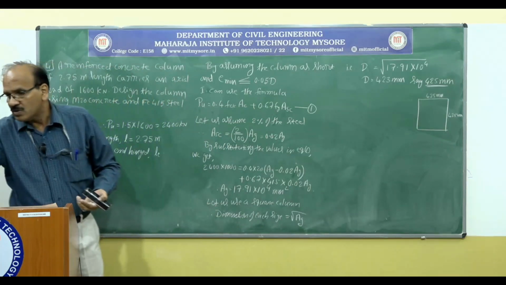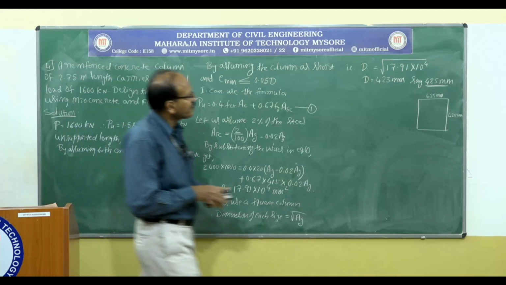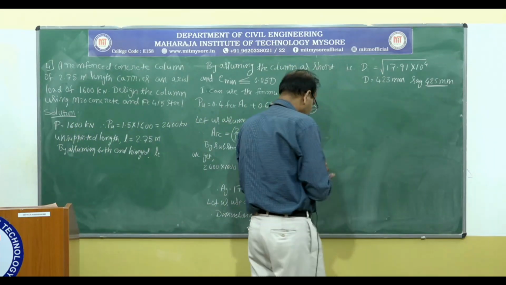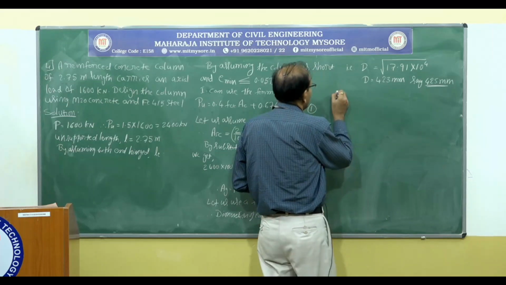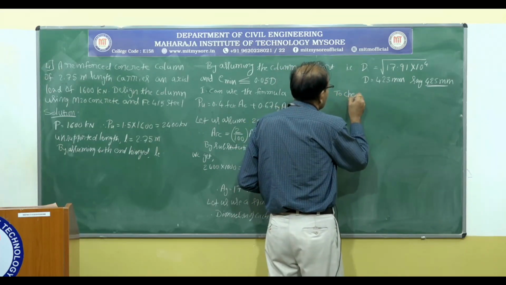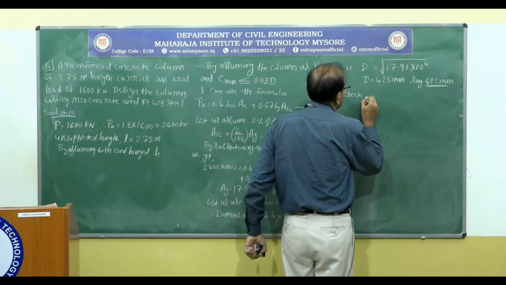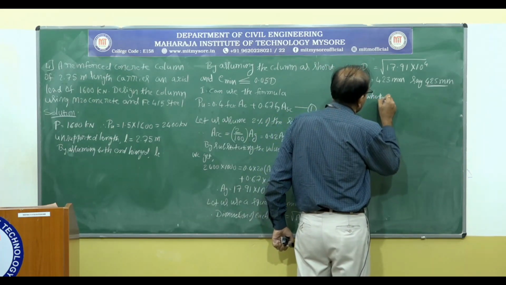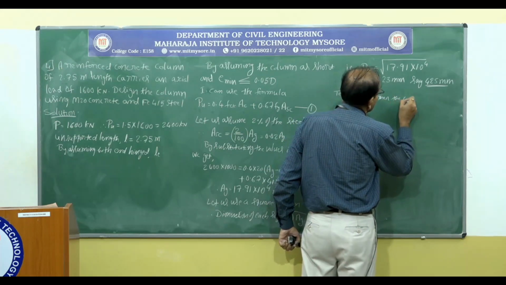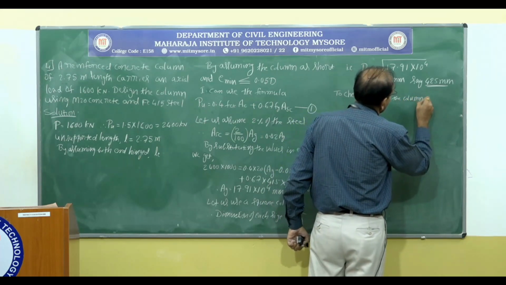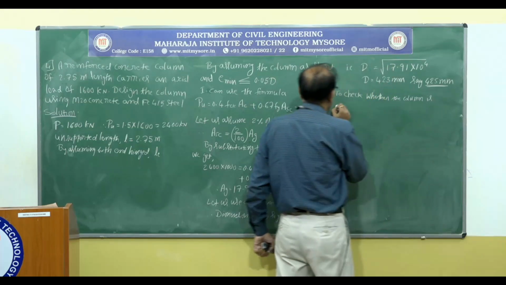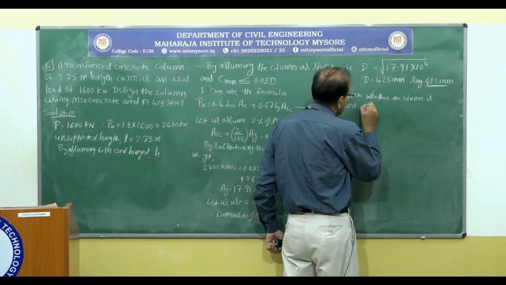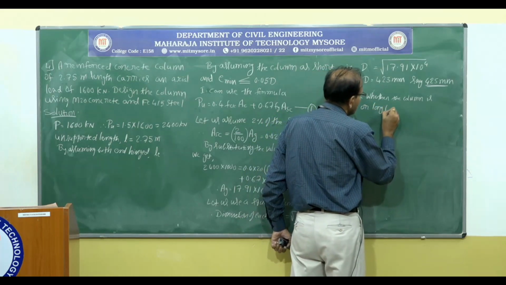Next, the first step is to check whether the column is short or long. Another name for long is slender.